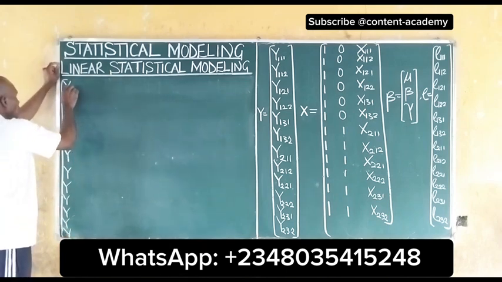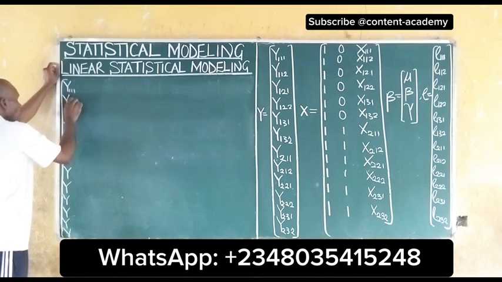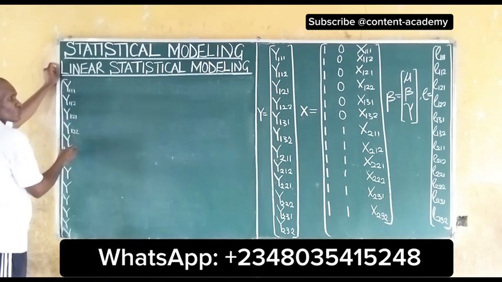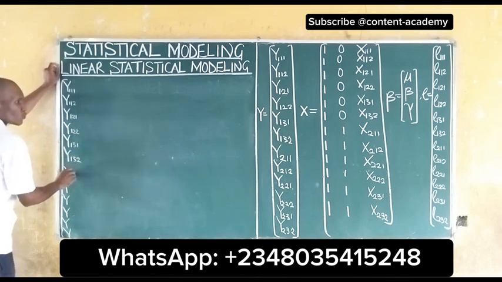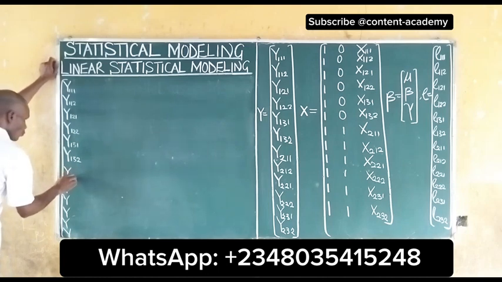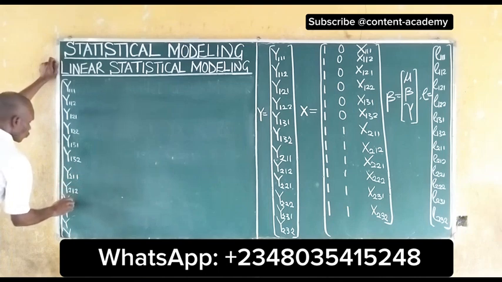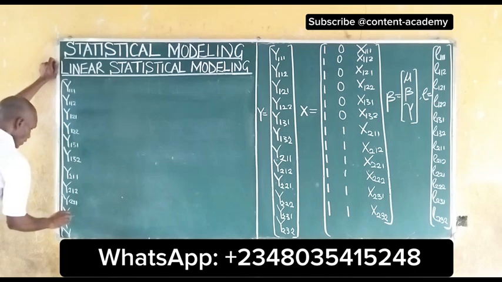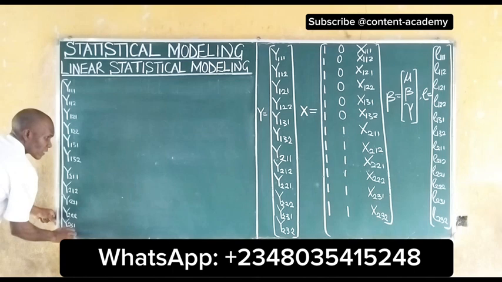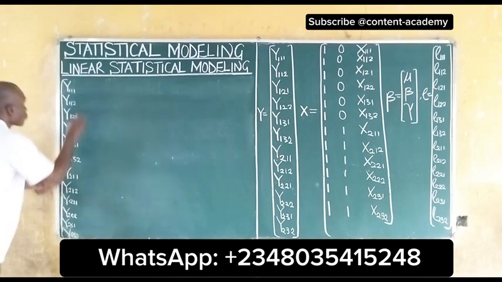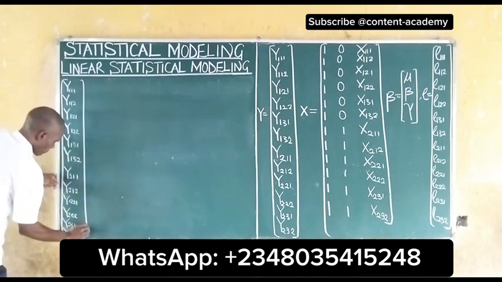So the first one is 1,1,1, 1,1,2, 1,2,1, 1,2,2, 1,3,1, 1,3,2, 2,1,1, 2,1,2, 2,2,1, 2,2,2, 2,3,1, and 2,3,2. We put it this way.